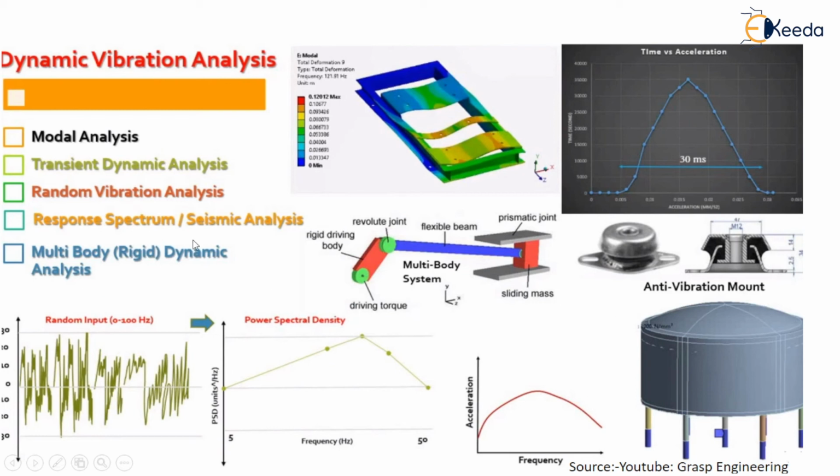Multi-body dynamics has a prismatic joint, that is a sliding mass, then a flexible beam, a revolute joint and a rigid driving body, and driving torque is given here. So this multi-body system is like a piston cylinder or single crank mechanism. Where two or more bodies are connected together and are in continuous motion, multi-body dynamics plays an important role.